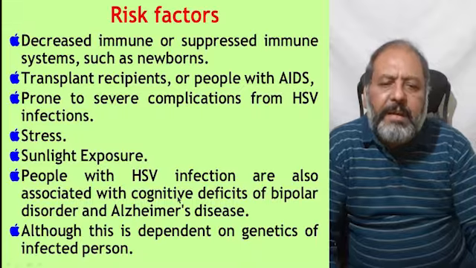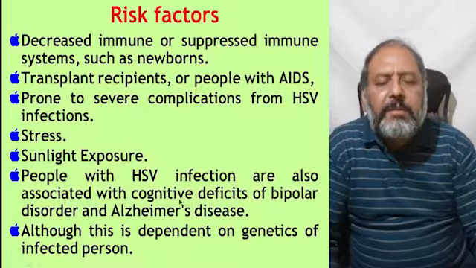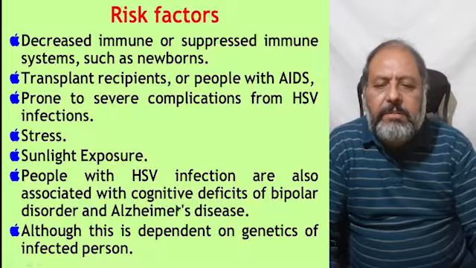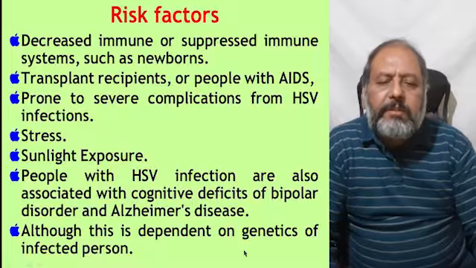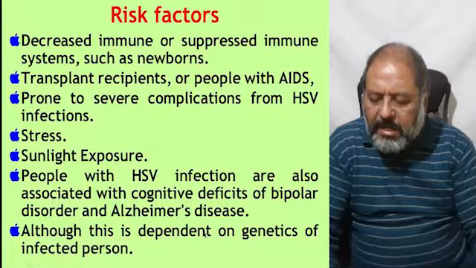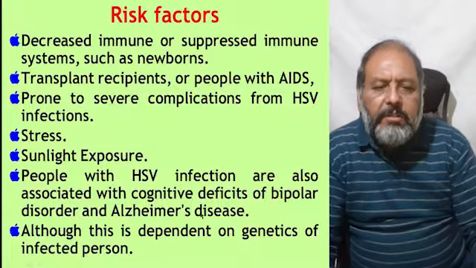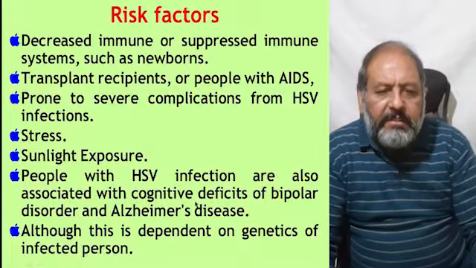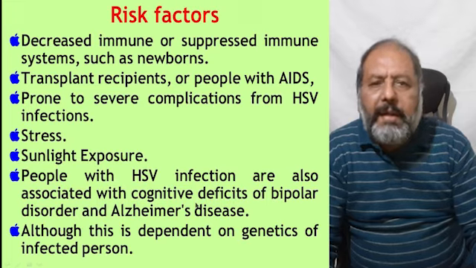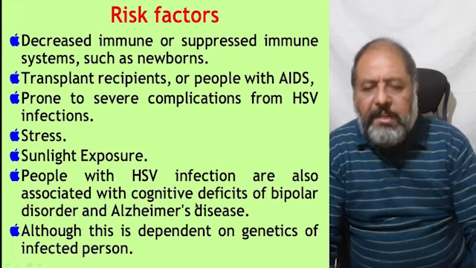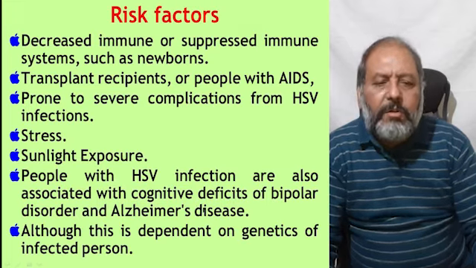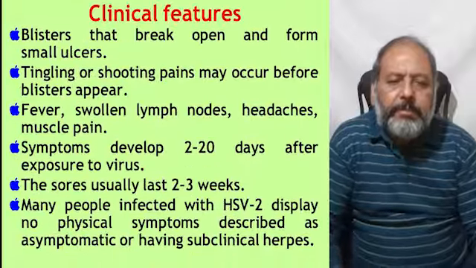It is said to be having some association with these cognitive deficit diseases, but it is also dependent on the genetics of the infected person. So it is not the virus only. The genetics also have a definite role in the spread of these cognitive diseases.